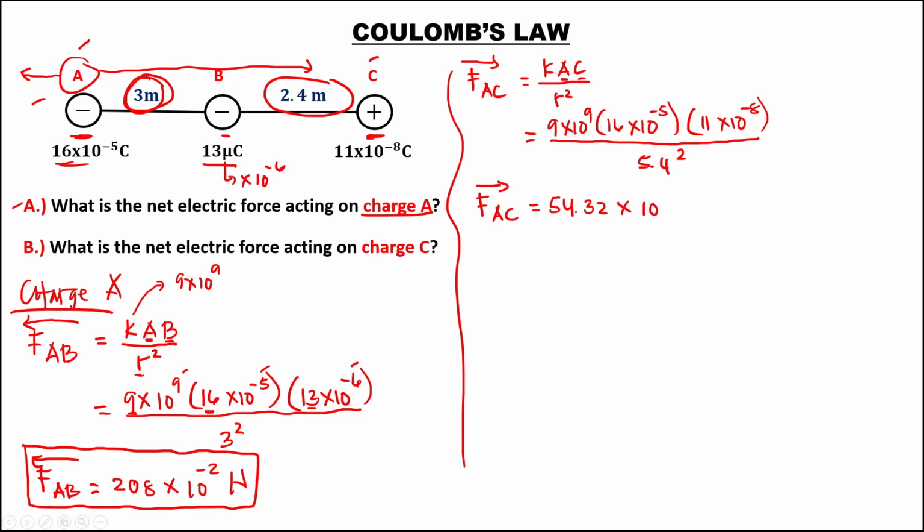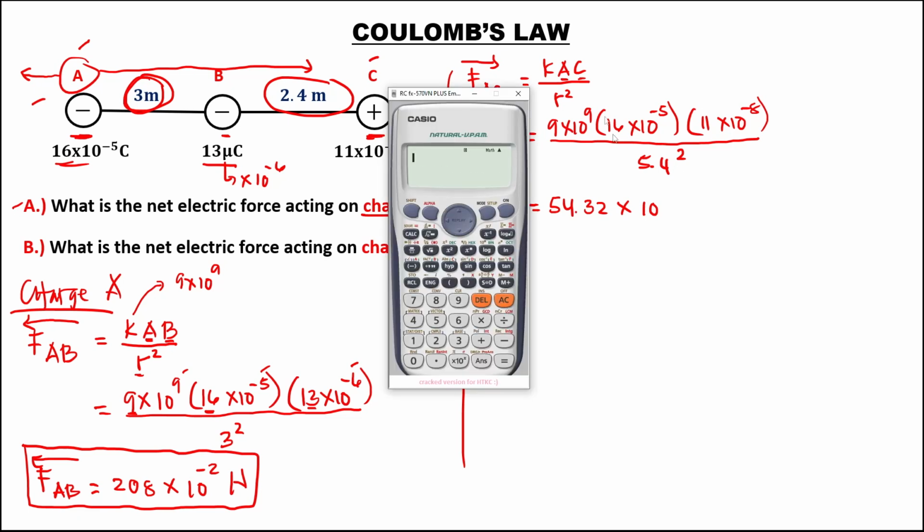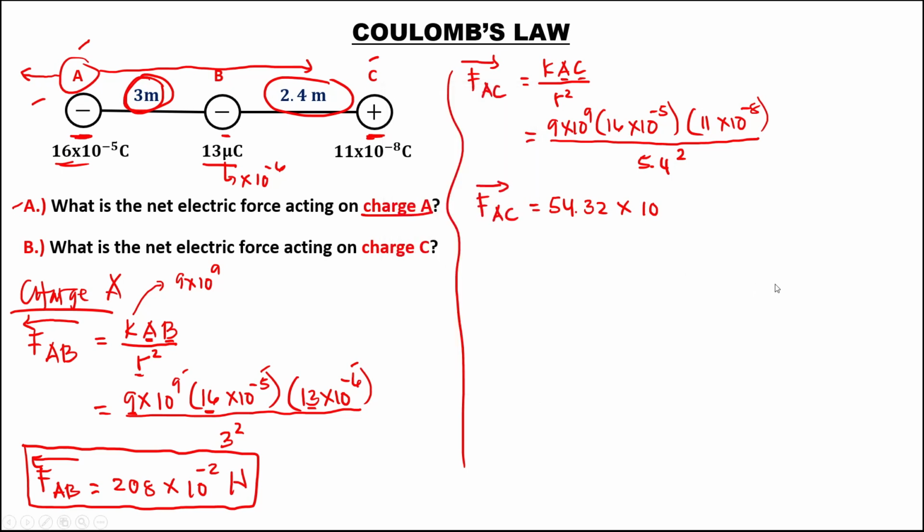For the exponent, we need to add all the exponents: 9, plus the negative 5, plus the negative 8. So the exponent is negative 4. So to the power negative 4, in Newton. So this is now the force between A and C.